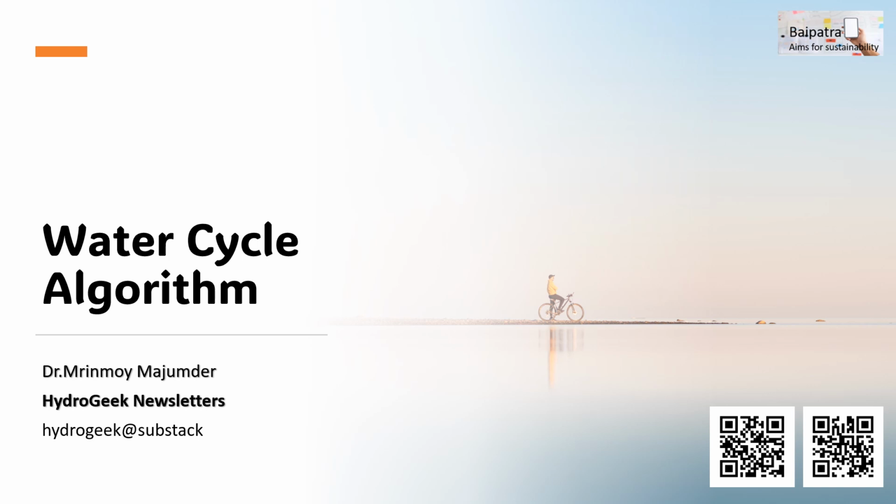This is one more bio-inspired or nature-inspired optimization algorithm which has very recently been proposed and is now widely popular and widely utilized to solve optimization problems with the help of meta-heuristics. This also falls under meta-heuristic algorithms.